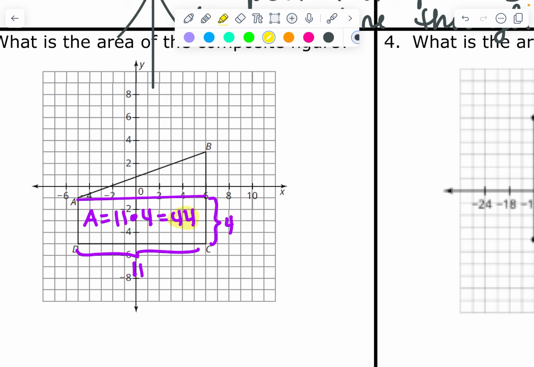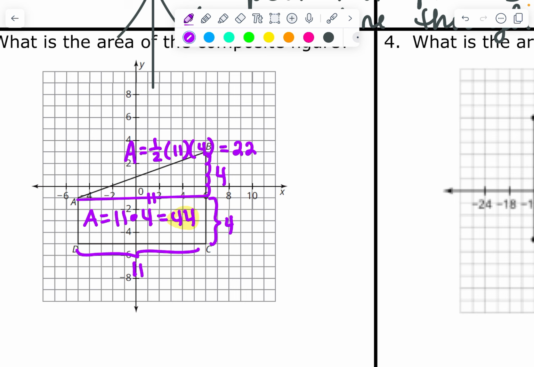All right, so that's that. And then the area of the triangle, this is also 4, it looks like. 2, 3, 4. Yeah, let me count because some people still don't know how to count, and I want to make sure we got it. And then the base is still 11. So the area of the triangle would be 1/2 base times height. 11 times 4 is 44.